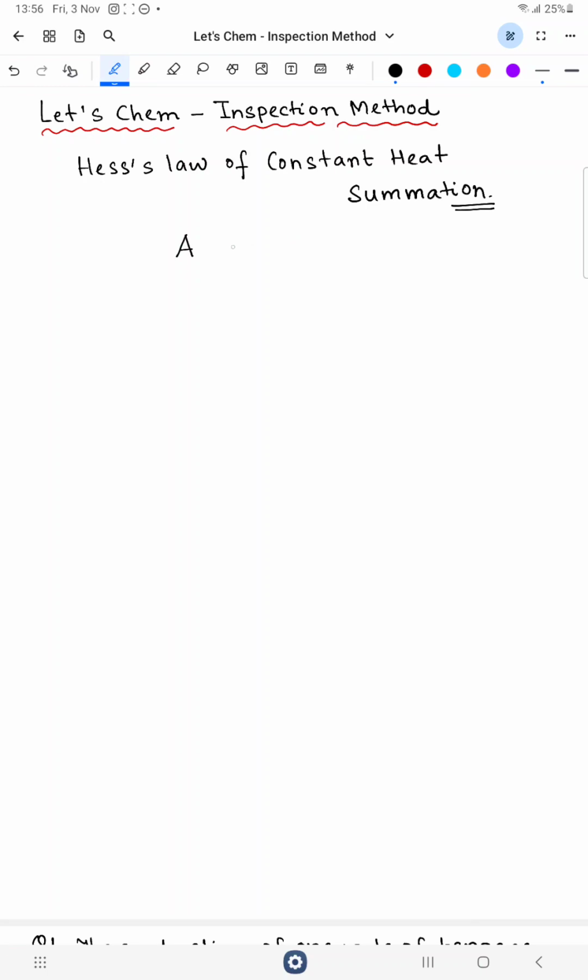There is one reaction happening in the order A gives B, such that the enthalpy change of the reaction is delta RH. So let's say this reaction, where A is the reactant and B is the product, can happen in another way, where A first goes to C, then C goes to D, and then D goes to B. Let's say the enthalpy change when A goes to C is delta H1.